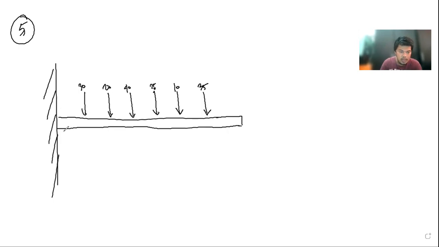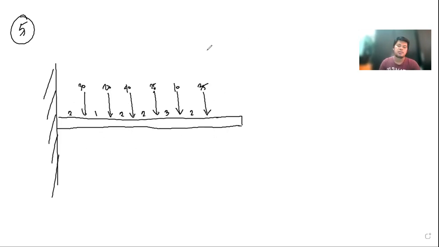Let me check: 2 feet, 3 feet, 5 feet, 7, 10, and 12. Actually, this is 2 feet, then 3 feet, then 5, then 7, then 10, and 12.